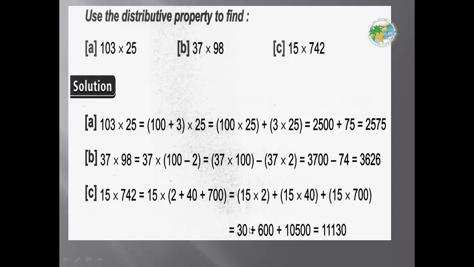Then 15 times 2 is 30, plus 15 times 40 is 600, plus 15 times 700 is 10,500, equal 11,130. Fine.